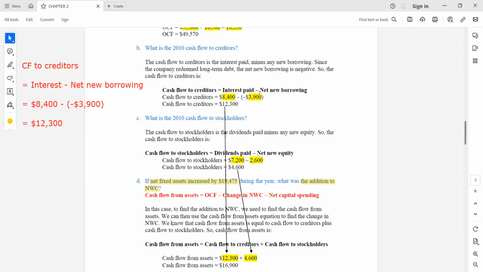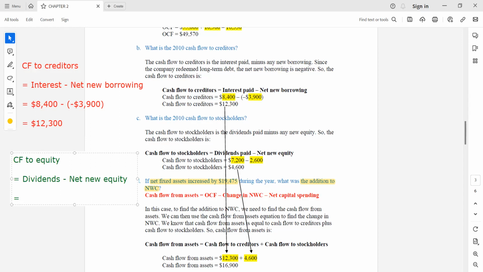So continue. If I want to calculate the next question, what is the 2010 cash flow to stockholders? Same thing, cash flow to stockholders means to equity. So we use the formula dividends. We pay dividends minus what? Minus any net new equity. So did they raise any new shares? Yes, no?